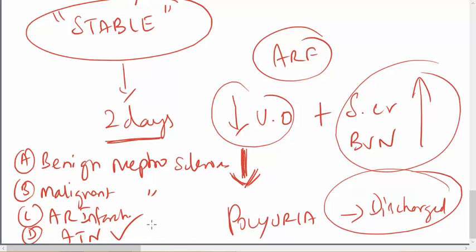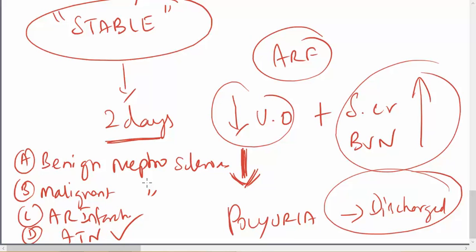I'll change the case now. For example, the patient had an MI. After 2 days, the patient's renal function is deteriorating and it is not recovering. In these choices, come on, tell me what it could be. The acute myocardial infarction patient comes to the hospital as an emergency, then he has been stabilized.